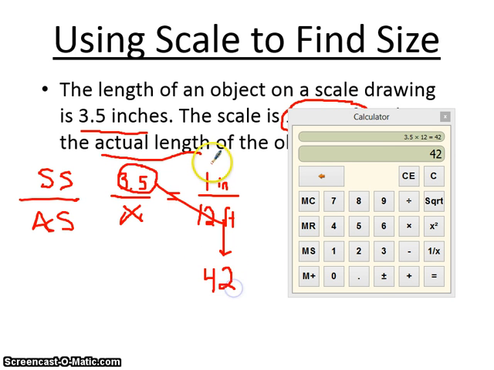42. 1 times x makes 1x. Some of you know that 1x is the same as x, but if you didn't recognize that, you would just need to divide each side by 1 to get x equals 42.